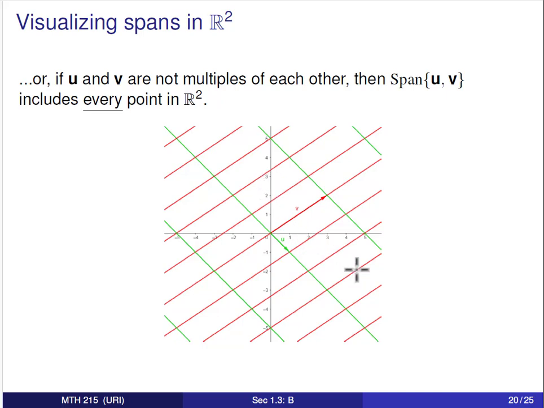And the same thing is true for any point in R2. If I'm allowed to take steps either forward or backward in the red direction, and forward or backward in the green direction, hopefully you can convince yourself that by taking fractional amounts, maybe smaller steps or larger steps, you can travel to anywhere in the plane walking along those two directions.